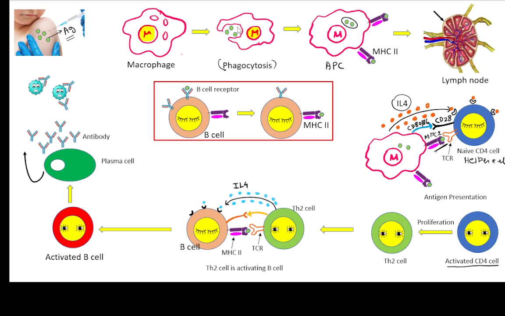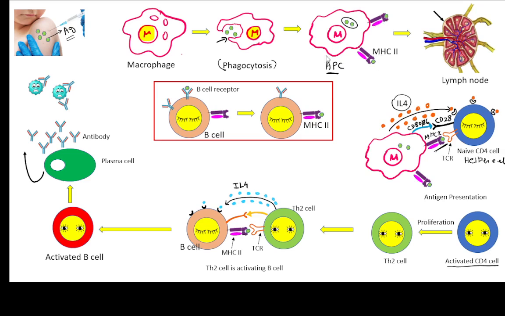It will engulf the whole antigen, and the phagolysosome is formed: phagosome plus lysosome fused. In the phagolysosome, the antigen will be degraded, and the antigen will be displayed by the MHC class II molecule. As the macrophage is an antigen presenting cell, it has MHC class II molecules on its surface, and the antigen will be displayed by the MHC class II molecule.